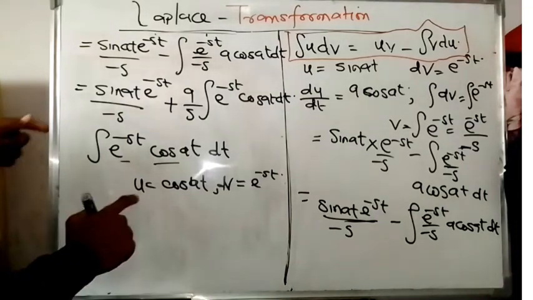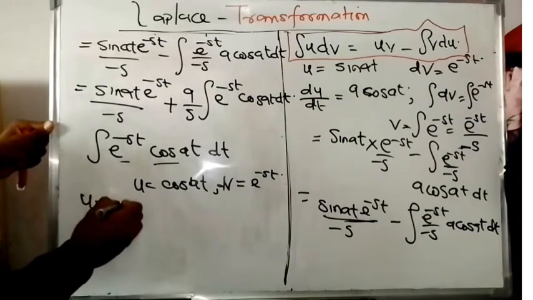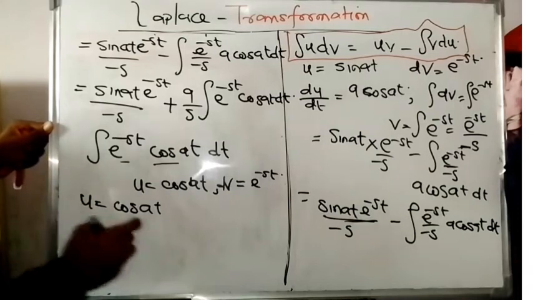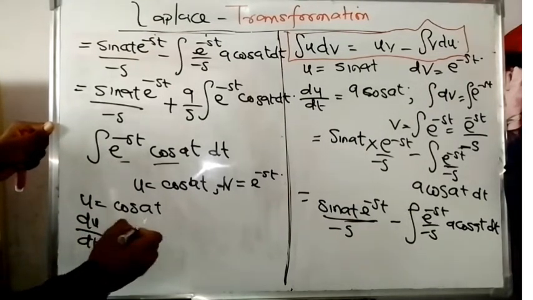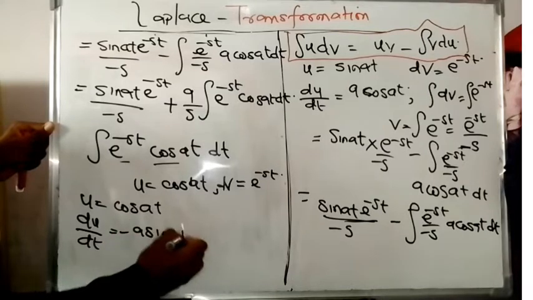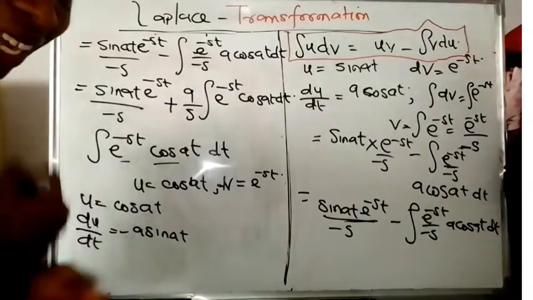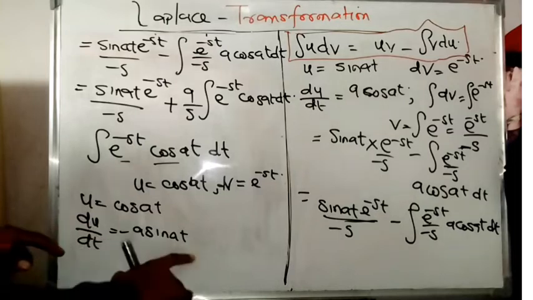Differentiating u, which is cos at, du dt becomes what? Minus a sine at. If I differentiate cos, I have minus sine.